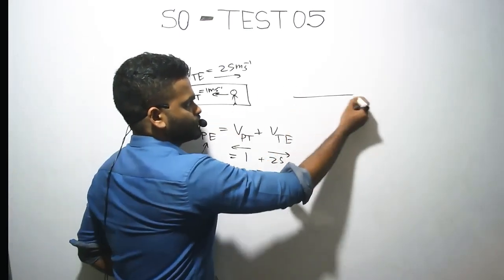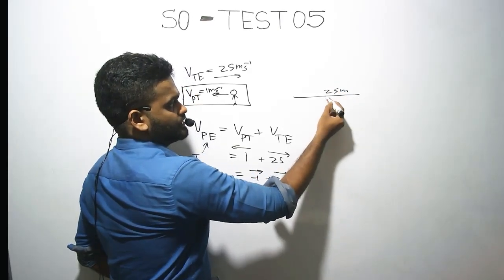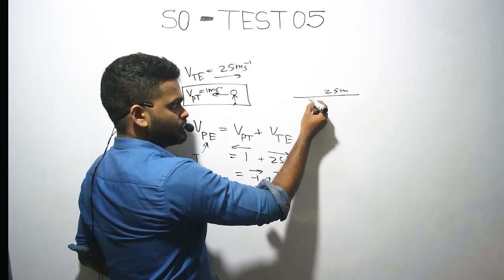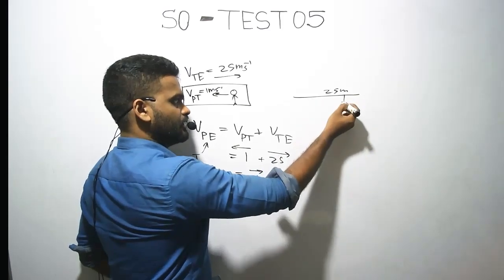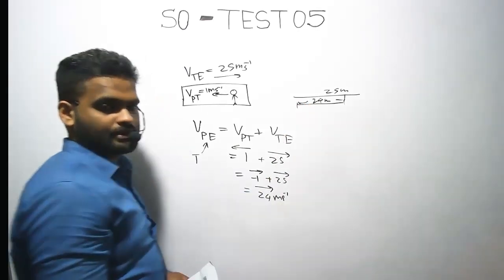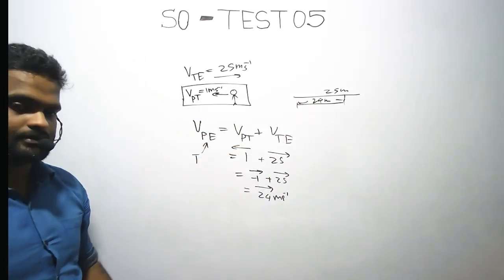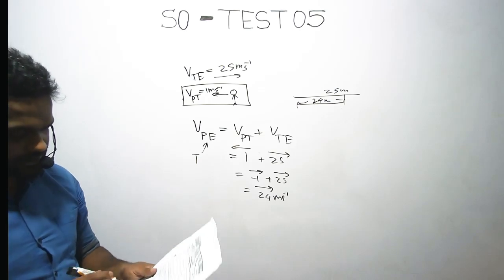If the train moves 25 meters, and the passenger moves inside the train 1 meter backward, how much is the distance the passenger moved? Should be 24 meters, right? You can think in that way, or else you can use equations. So the answer is the first one.